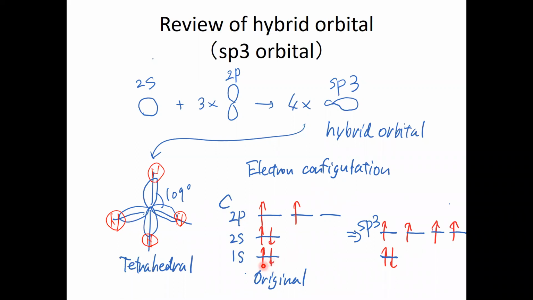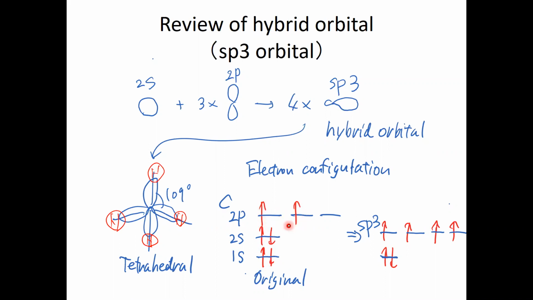Originally, 2 electrons occupy 1s and 2 electrons occupy 2s. Since carbon has 6 electrons, it has extra 2 electrons here.